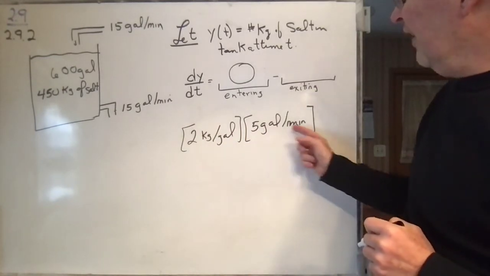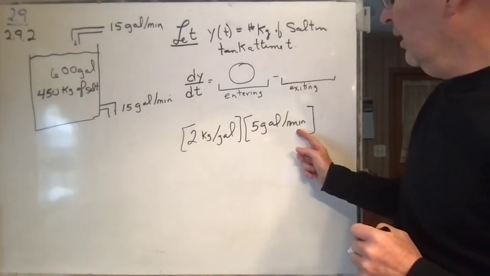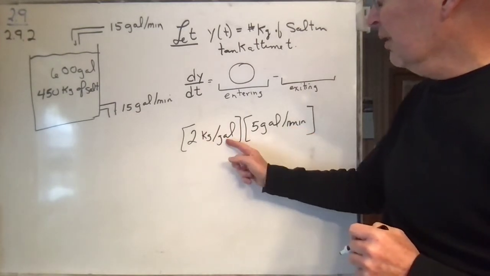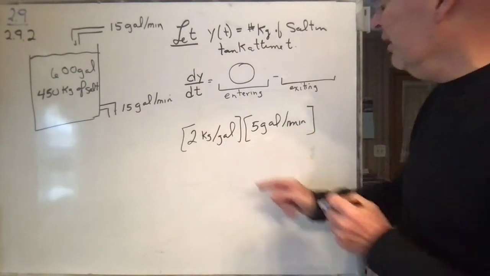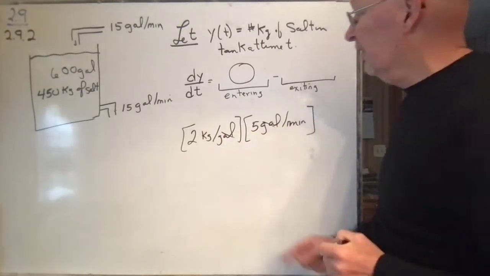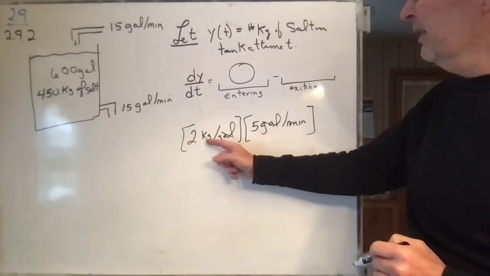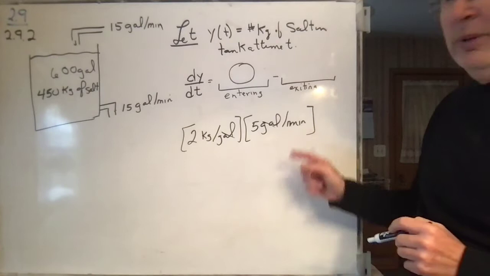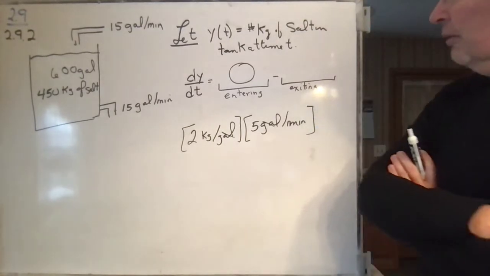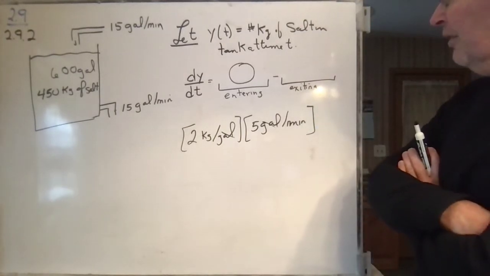Well, there's 5 gallons per minute that are leaving, and every gallon has 2 kilograms. So those two things multiply, and you get 2 times 5, which is 10 kilograms of salt per minute. Agreed?